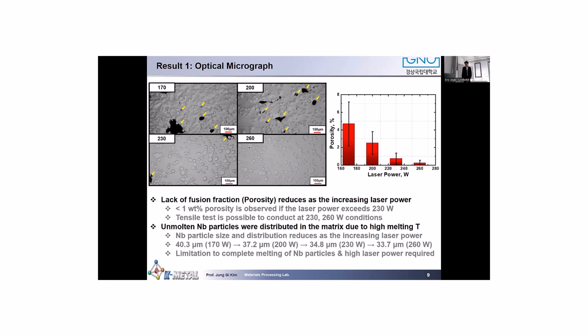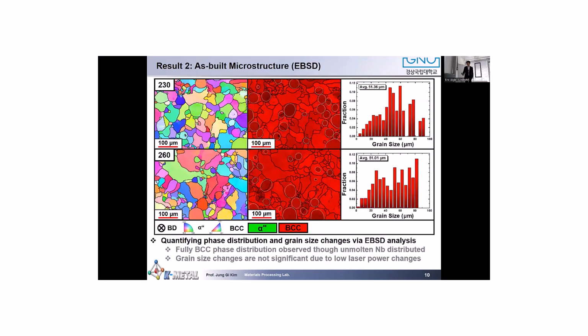However, I'll show it in the last slide. We also performed some additional experiments in a high energy power DED machine, and there we finally succeeded in melting these niobium particles. But at that time we failed.